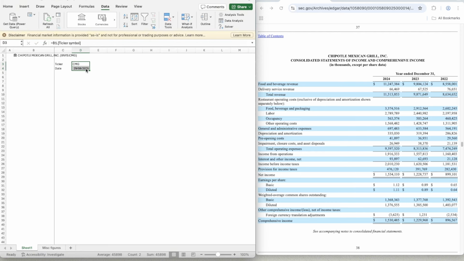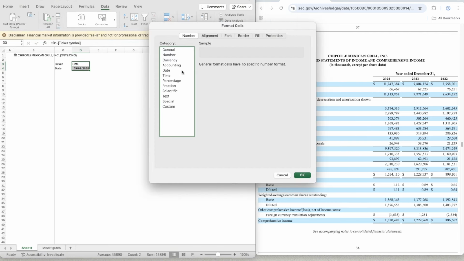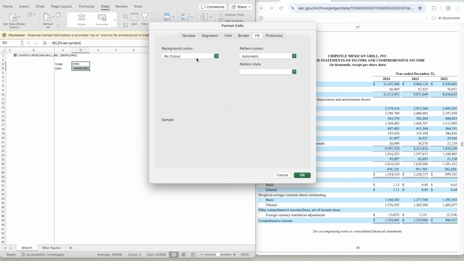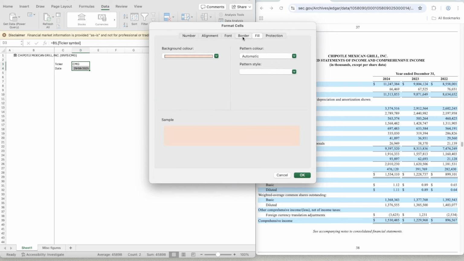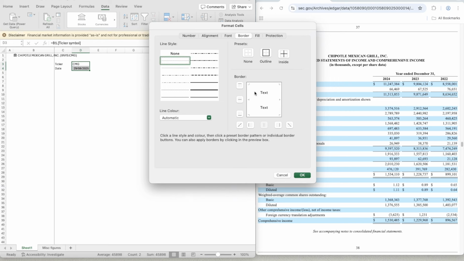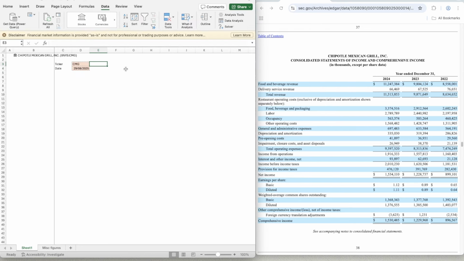Let's make these a bit of a different color and put a border around it. Then we're going to want the current price, the implied price, and the upside or downside.